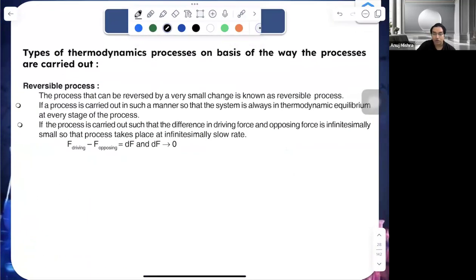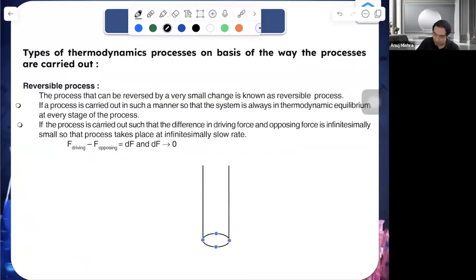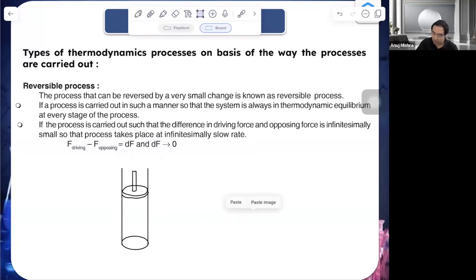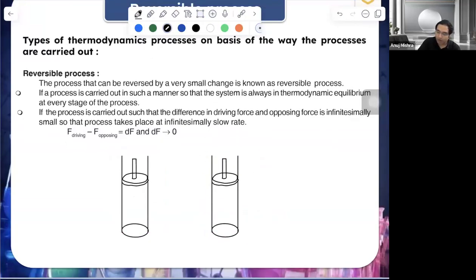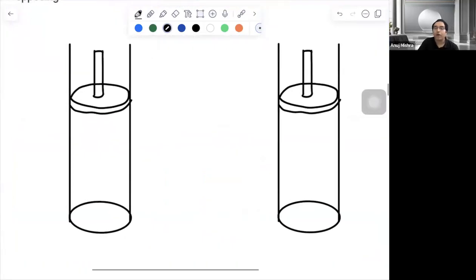Now understand the reversible process carefully first. So think about a piston cylinder arrangement like this. Okay.